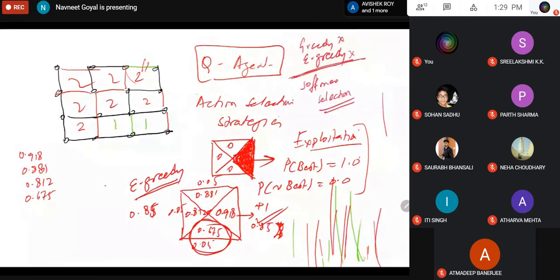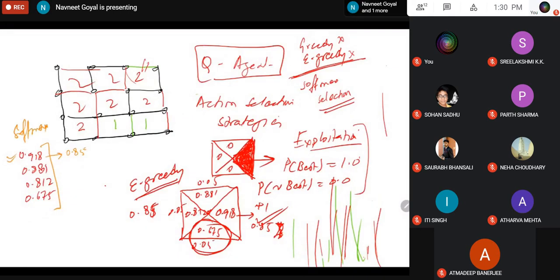So these are the four options, and these are the four Q values associated. This is the maximum, so I attach a probability of 0.85 to this, like in the previous case of epsilon greedy. So this is softmax.